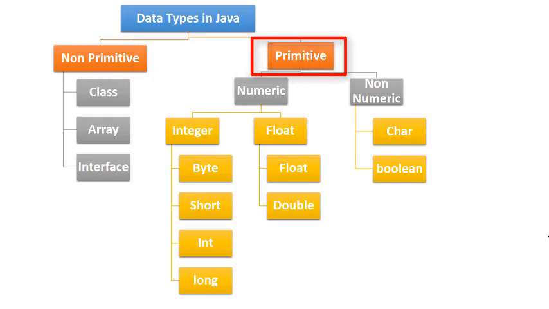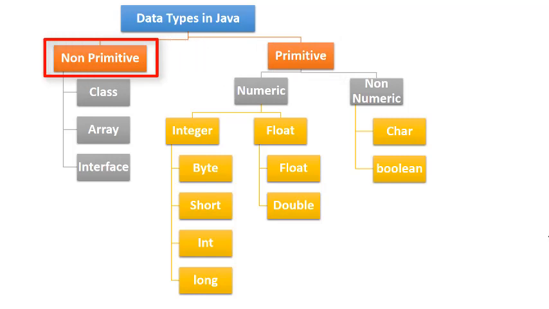Let us first define what is meant by primitive. The word primitive actually means things from ancient times. So here the primitive type means those data types which come under the category of primitive basically existed from the very beginning of programming.